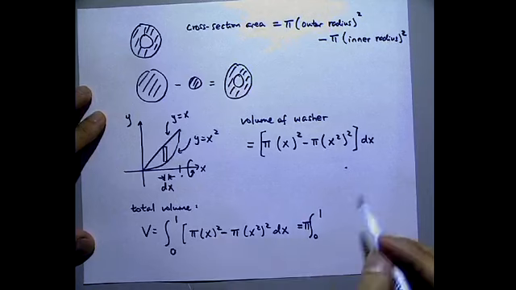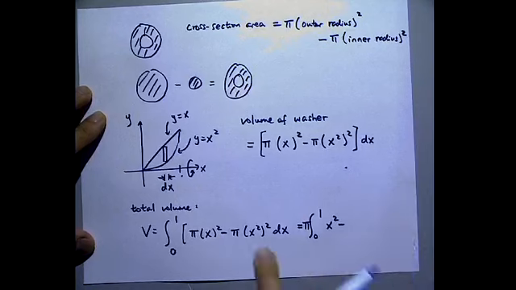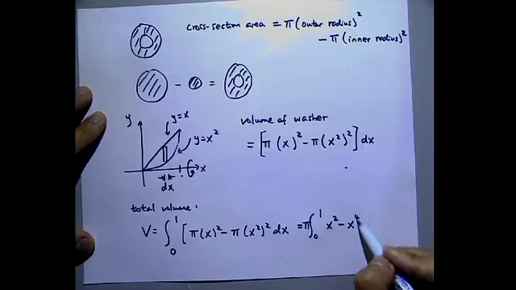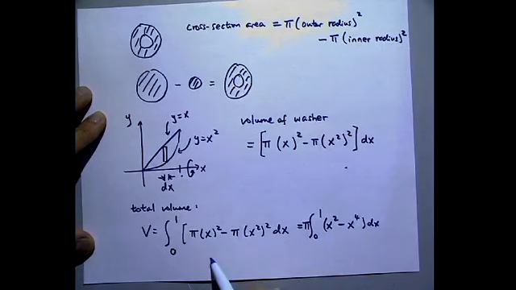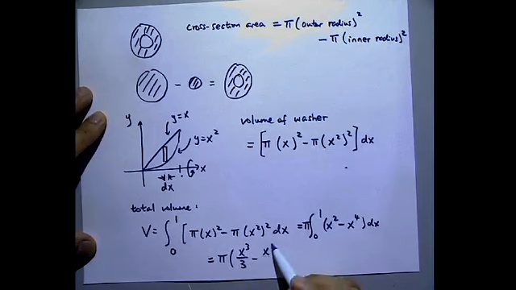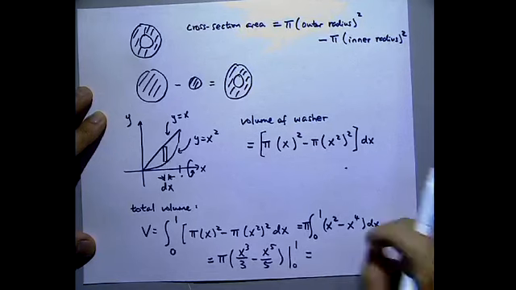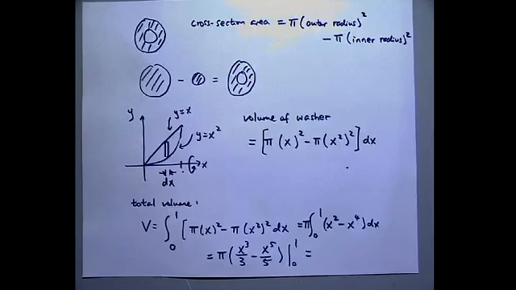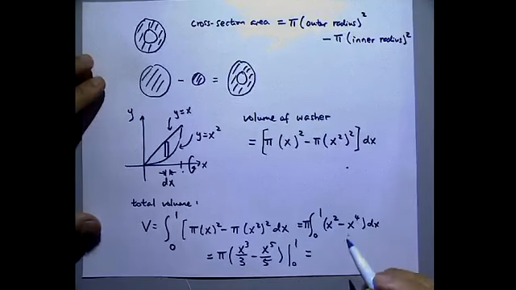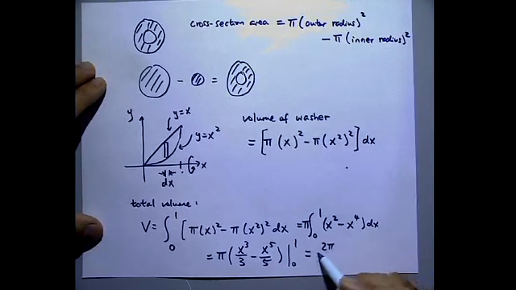And then this is x squared minus x to the fourth, another easy integration to do, pi times x cubed over 3 minus x to the fifth over 5, from 0 to 1. So 2 over 15 times pi. 2 pi over 15.